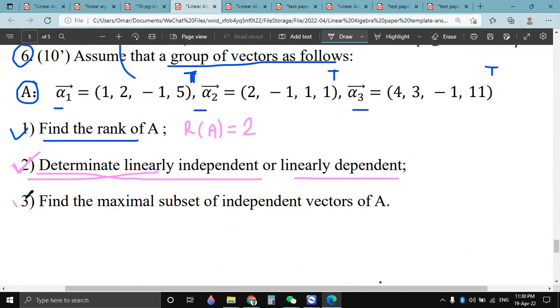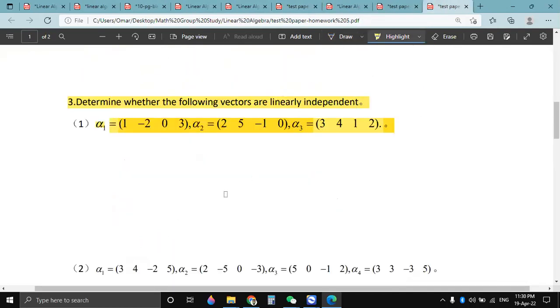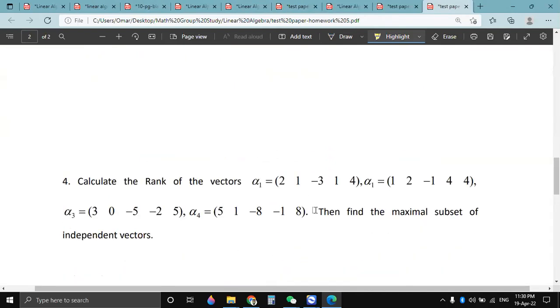And number 3, find the maximal subset of the independent vectors of A. We already did this in the previous homework, in homework 5. So the answer will be the same as number 4 question of homework 5.